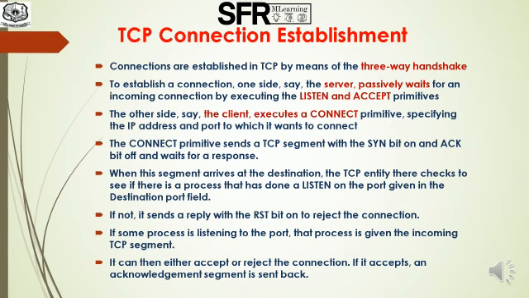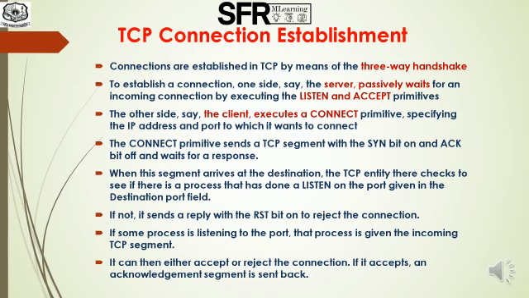So to establish a connection, both sides have to get ready. First, the server passively waits for an incoming connection by executing the listen primitive. Then on the other side, the client executes a connect primitive to make a connection to the server.